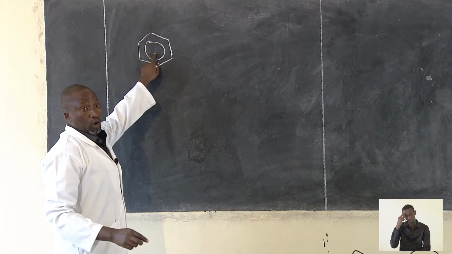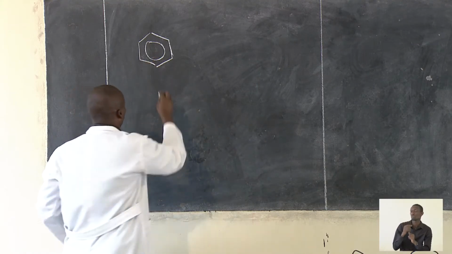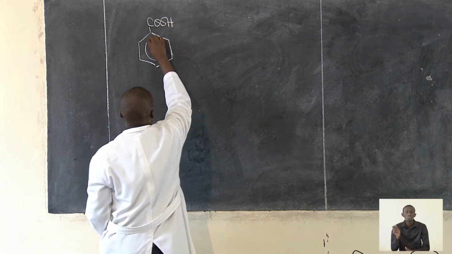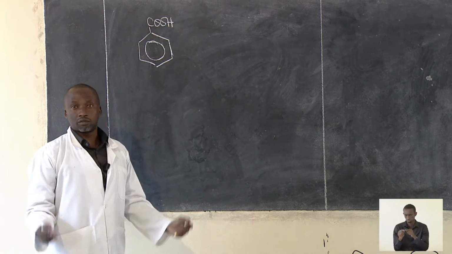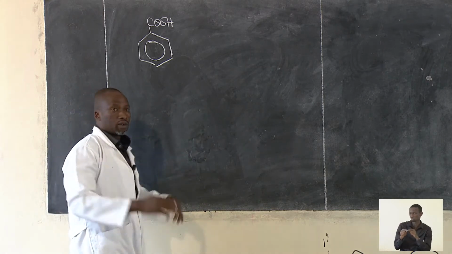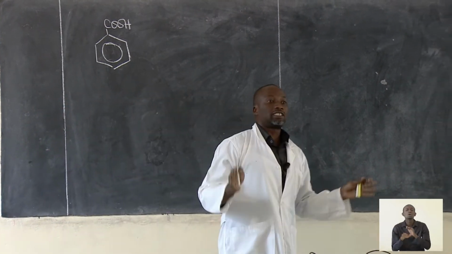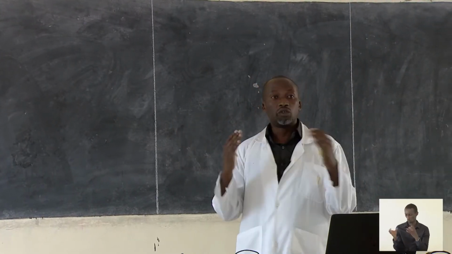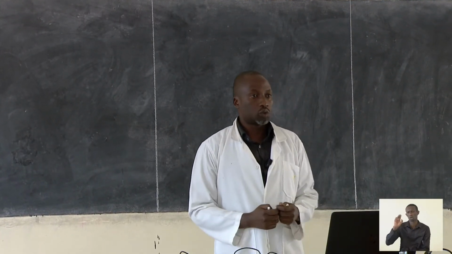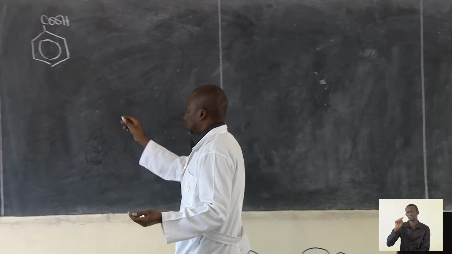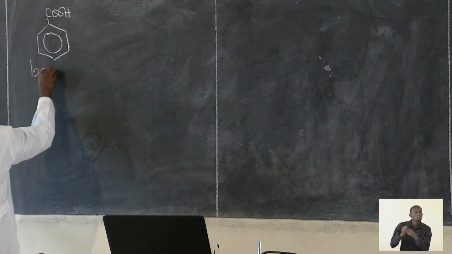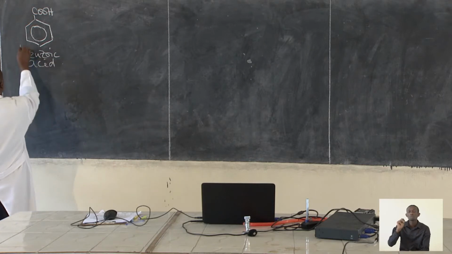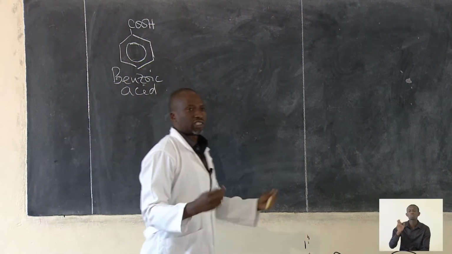Remember, when we talk about the benzene, this is very important: remember to put that ring, because that's what makes it benzene. So we have basically the simple compound of the aromatic carboxylic acids, which is benzoic acid. This is one of the simplest.